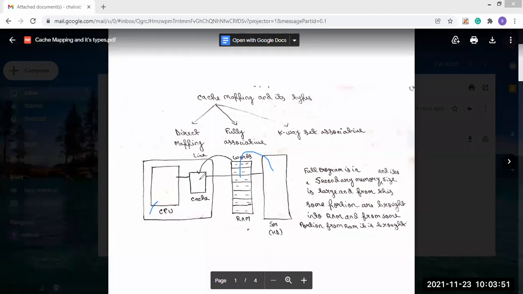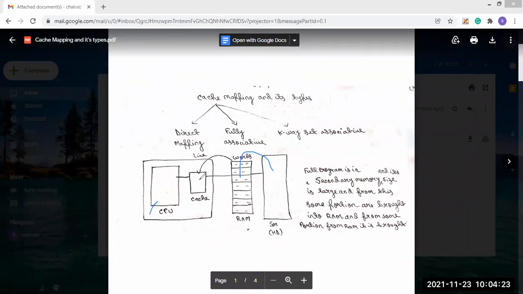Then the CPU, or processor, will access that portion and execute it. After the execution, again some portions will be brought and transferred to the cache memory, and the CPU will execute that portion. This is how the whole process happens.